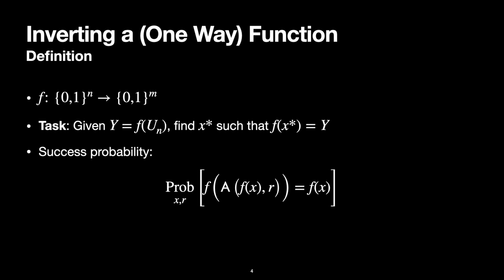The success probability is going to be the probability over the internal random coins that an adversary has access to, and over the input x. This is our standard classical one-way function.